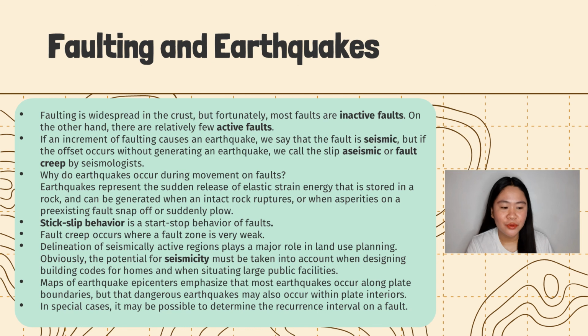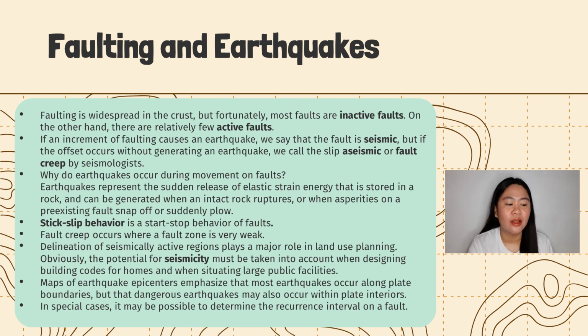But why do earthquakes occur during movement on faults? Earthquakes represent the sudden release of elastic strain that is stored in a rock and can be generated when an intact rock ruptures or when asperities on a pre-existing fault snap off or suddenly slip.